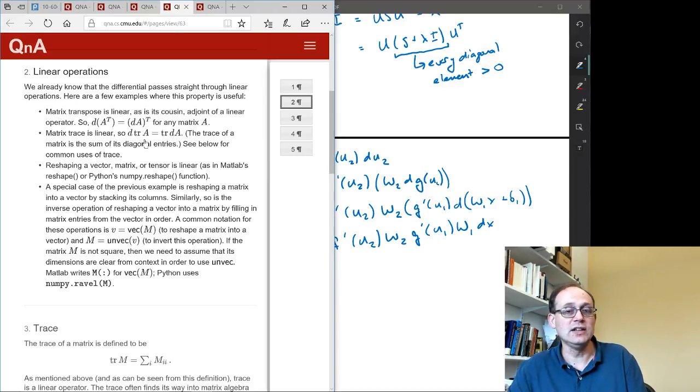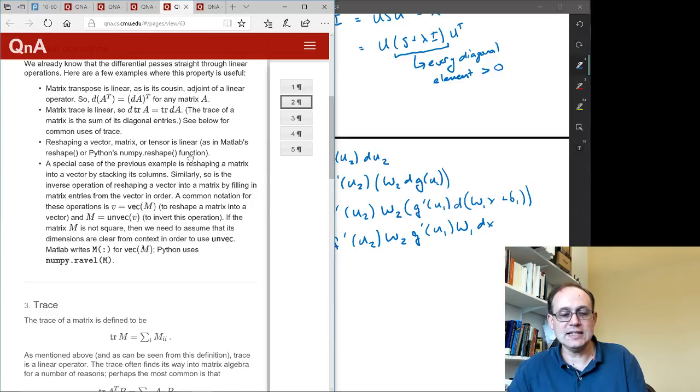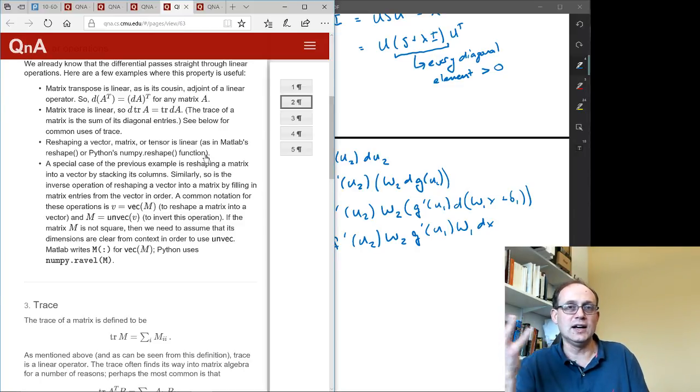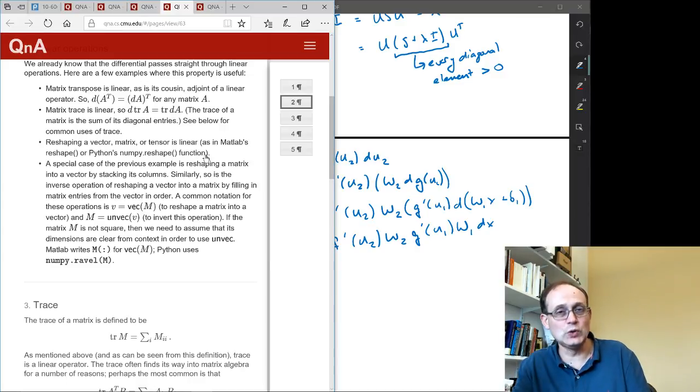And it's linear. So the differential of a trace is the trace of a differential. And then the last thing is that reshaping a vector or a matrix or a tensor into a different shape is a linear operation, right? Because if you just move entries into different spots, then those new entries are the same as the old ones, and therefore they're linear in the old ones.